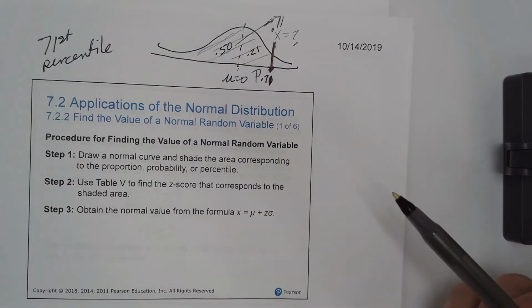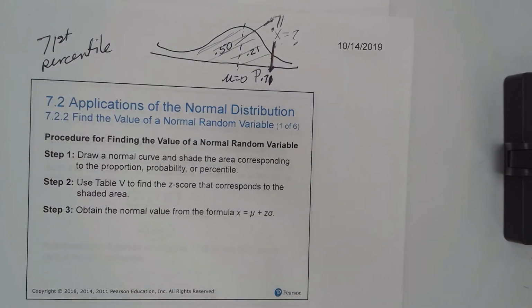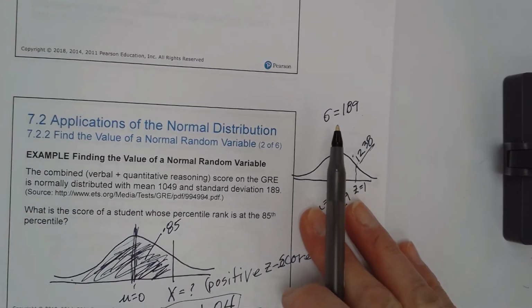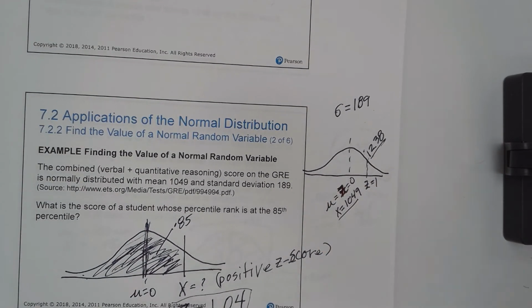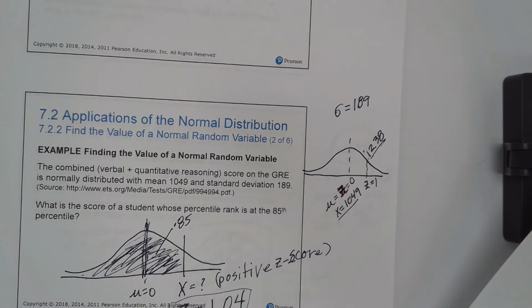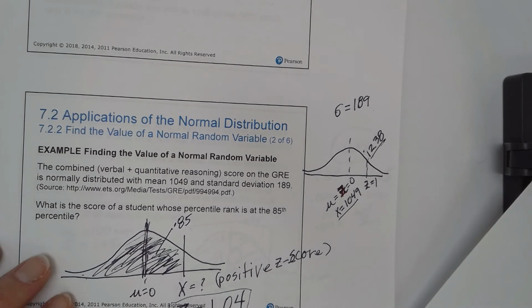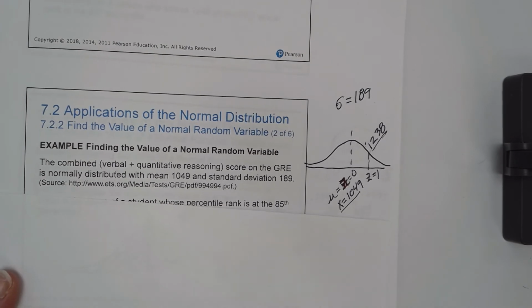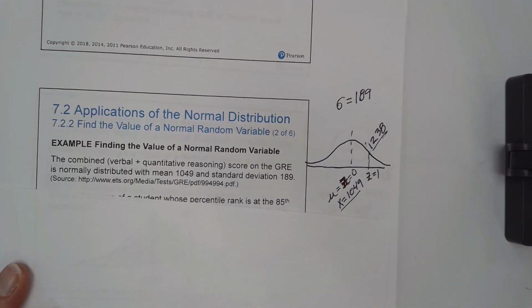All right, so let's look at an example. The combined verbal and quantitative reasoning score on the GRE is normally distributed with a mean of 1,049 and a standard deviation of 189.